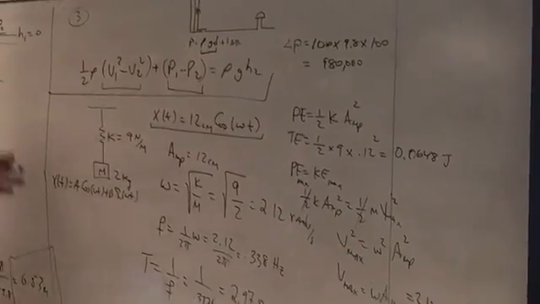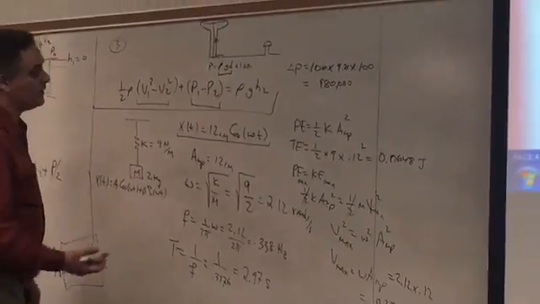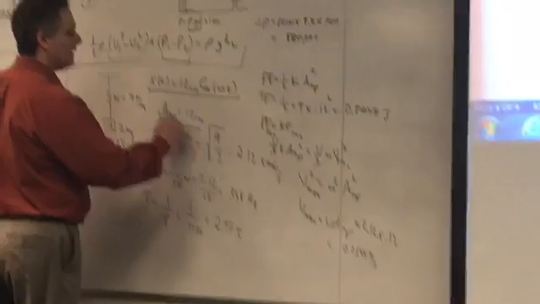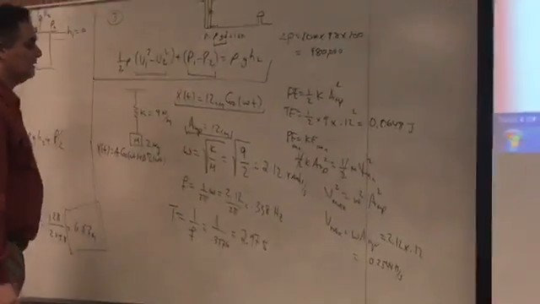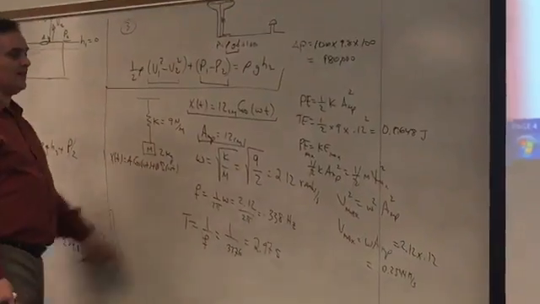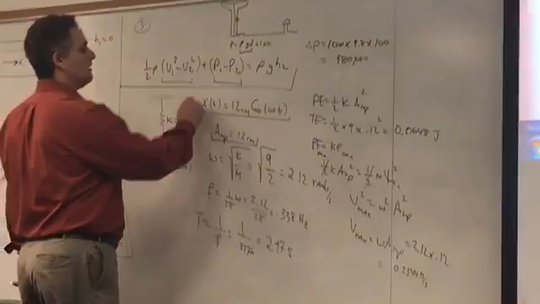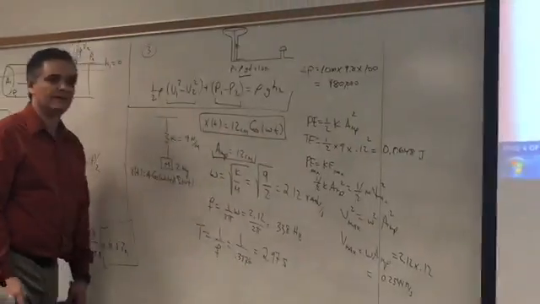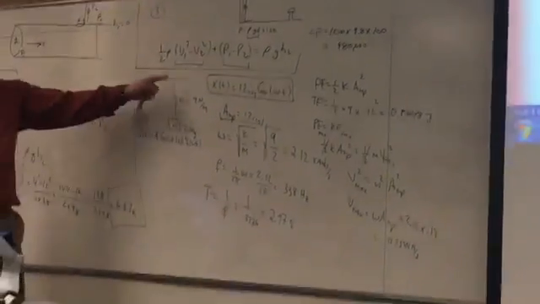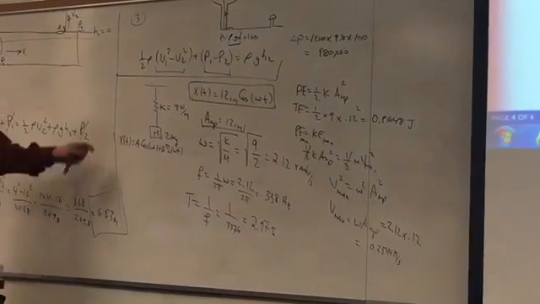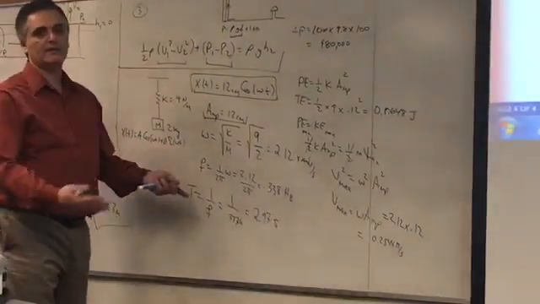What I could have done, and may still do, is tell you I pulled in an amplitude of 12 centimeters and let it go, and this is the mass, and this is the spring constant, and then you have to figure everything else out yourself. That adds an extra step in this problem. This is supposed to be the hardest problem on the test, so I'll probably do that.